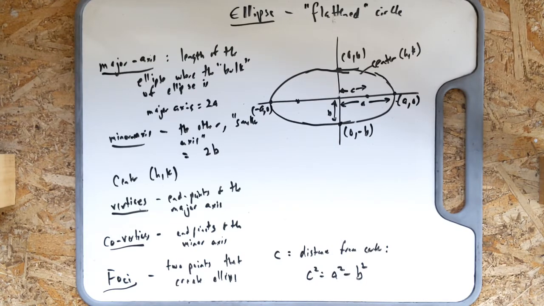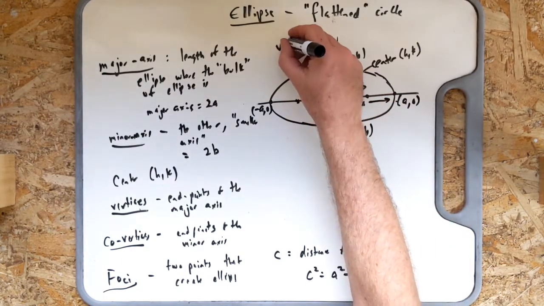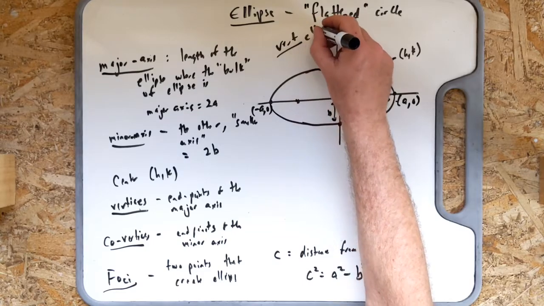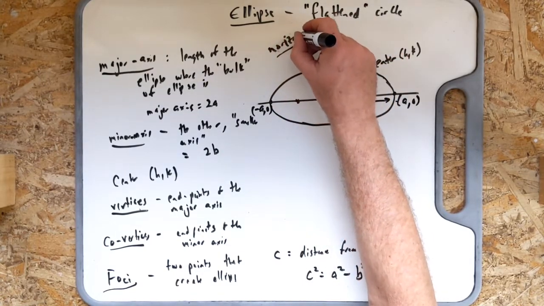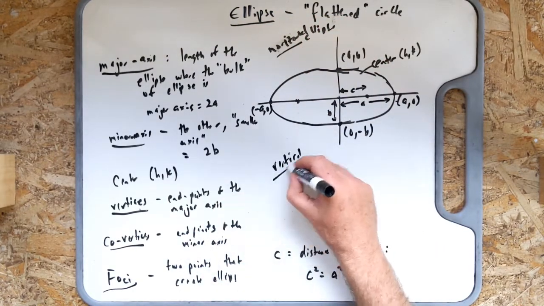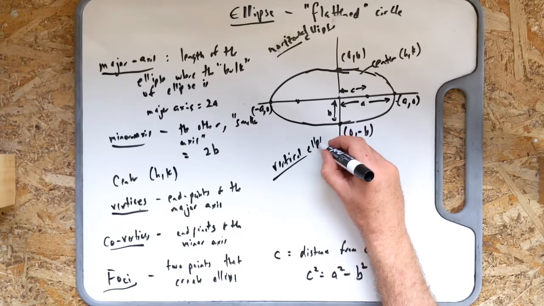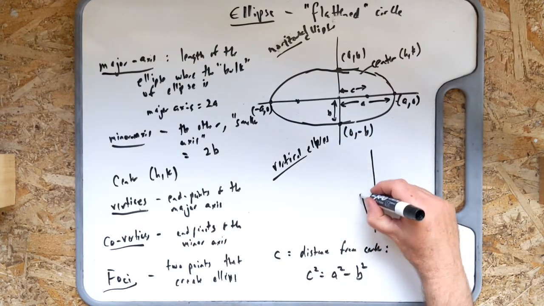Okay, so now I'm going to do a couple more where we actually do all of these things. Oh yeah, one more. Sorry, before we go there. This is all for a horizontal ellipse. If we were to make it for a vertical ellipse, none of these equations or definitions change, which is why we flipped A and B. So let me just draw a little mini one over here.